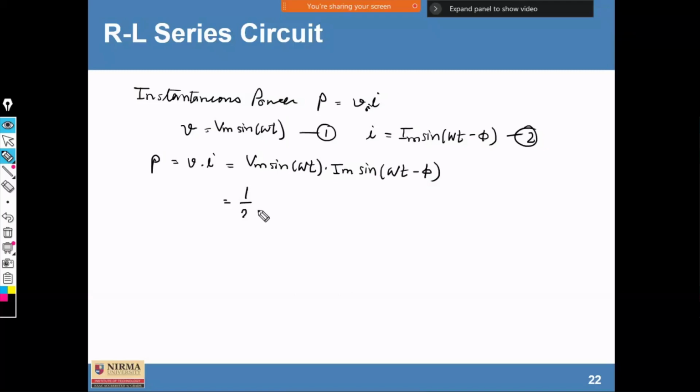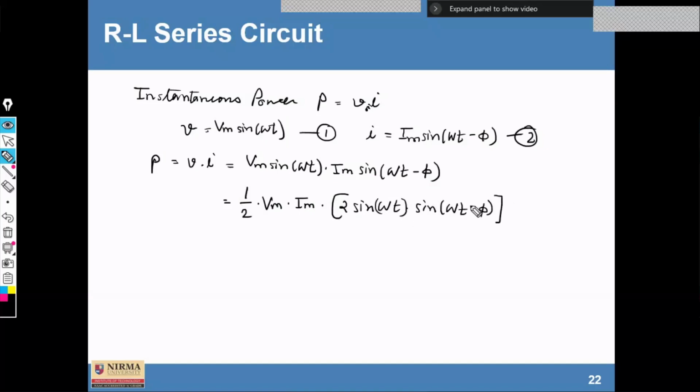So 1/2 into Vm into Im into 2 sin omega t sin(omega t minus phi). Vm and Im are the maximum values. Using 2 sin A sin B, it becomes cos(A minus B) minus cos(A plus B). So cos(omega t minus omega t plus phi), where minus omega t and plus omega t cancel, leaving plus phi, minus cos(omega t plus omega t minus phi), which is cos(2 omega t minus phi).